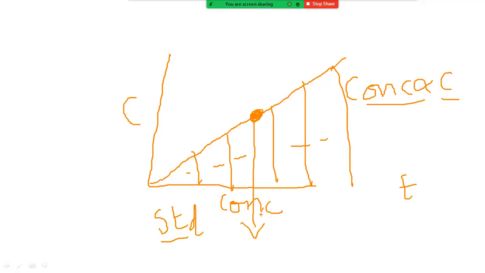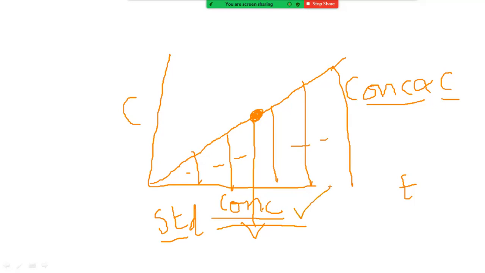So we are simply comparing our test solution values with the standard solution values, and checking whether it is reaching 50% or 60% or 10%, and finally we give the report, right? In this way we calculate the concentrations of the test solution. This is called quantitative analysis.